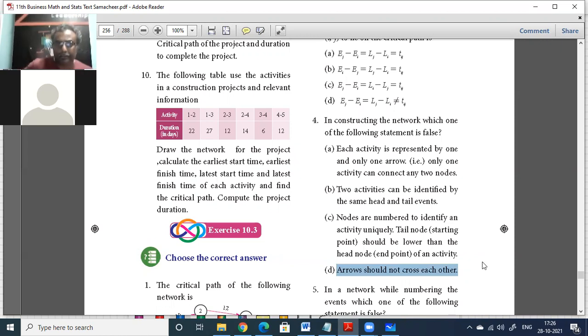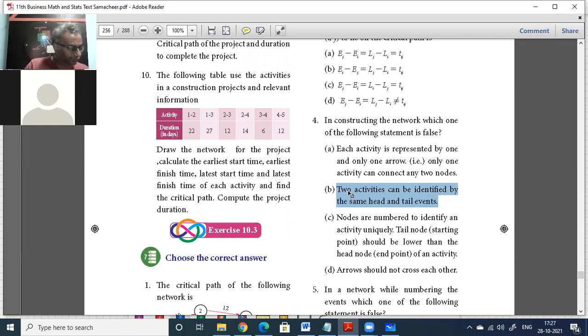Not B. B looks like it is wrong, but arrows should not cross each other is very... Arrows should not cross each other. Two activities can be identified by the same method. Both seem correct. I don't know which one they have put. Both B and D are wrong. Two activities can be identified by the same head and tail events: definitely not possible.